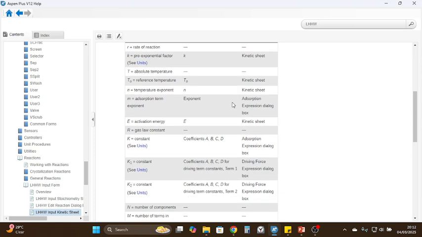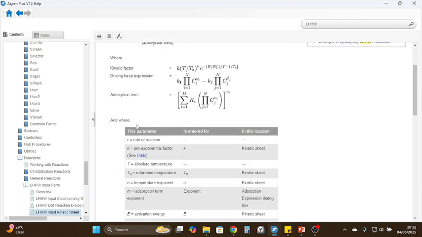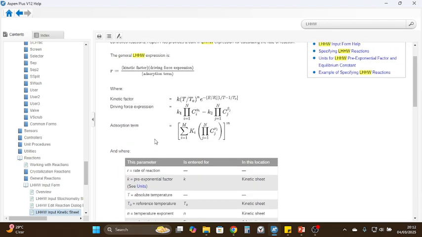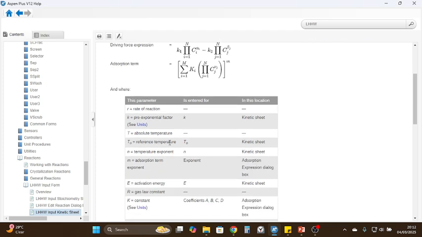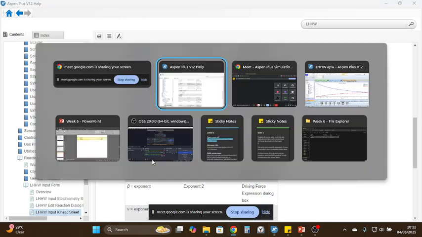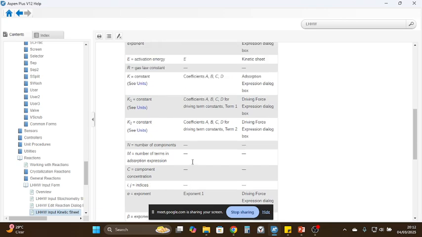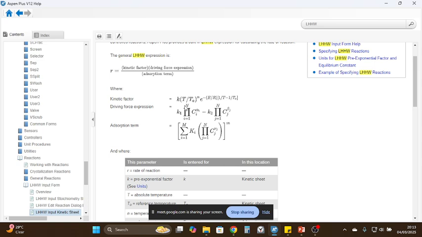So over here, I have defined that this is the rate of the reaction, K is the pre-exponential factor, and i and j are the indices. That is, if you have three components over here, then i, j, and k become the indices of the three components that are taking place inside this rate equation.